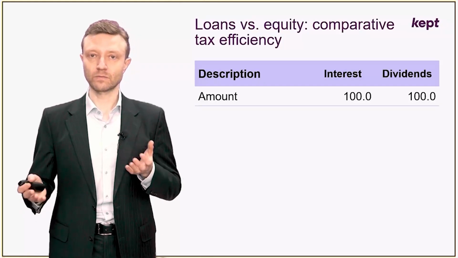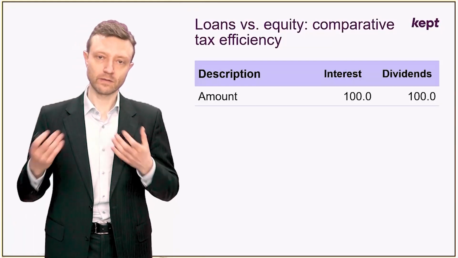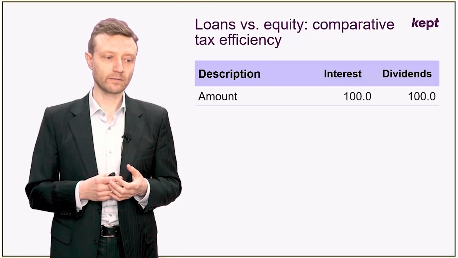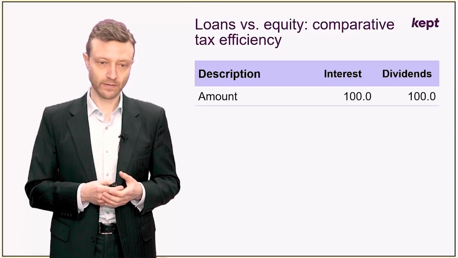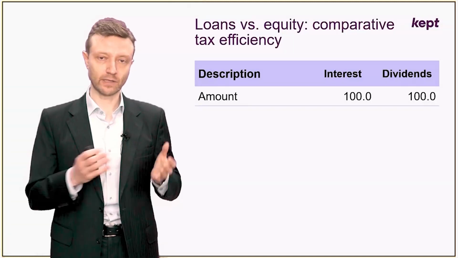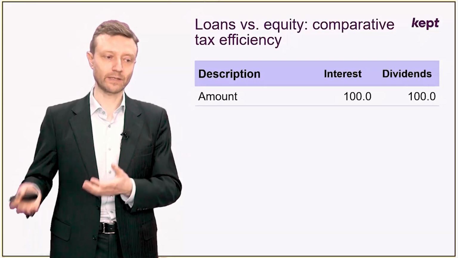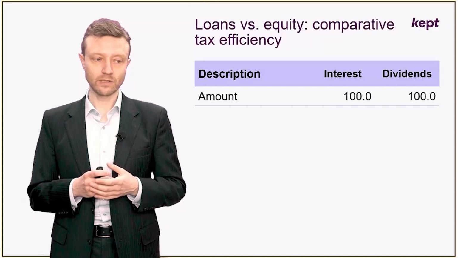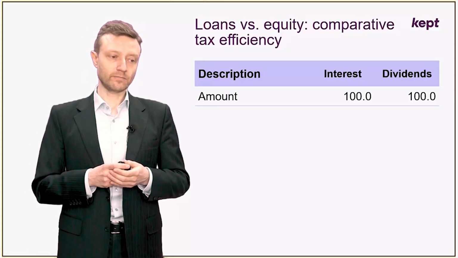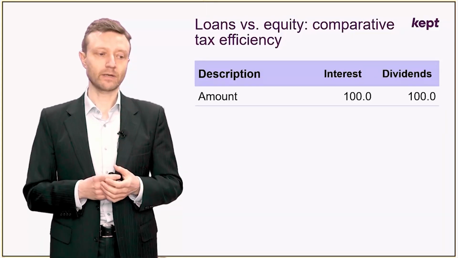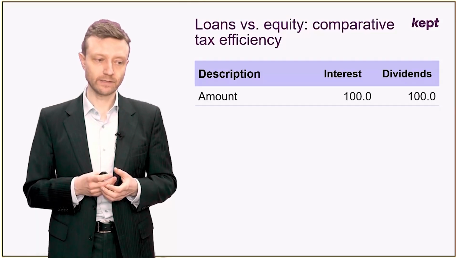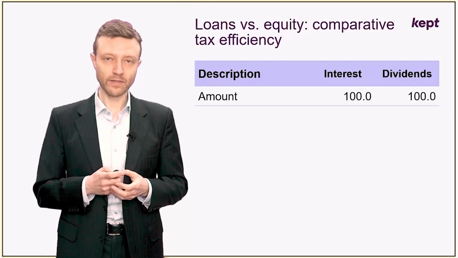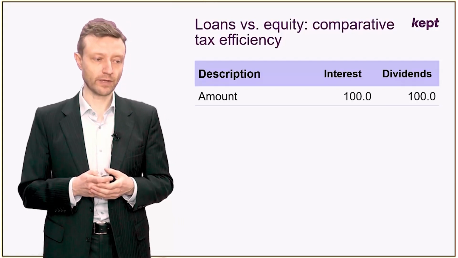Basically, the amount of payments is not dependent on the way we finance the company. This is why in this example we just compare apples to apples, 100 of interest and 100 of dividends. So the operating company is able to pay either dividends or interest depending on the way it was financed, and the amounts are 100 in both cases.